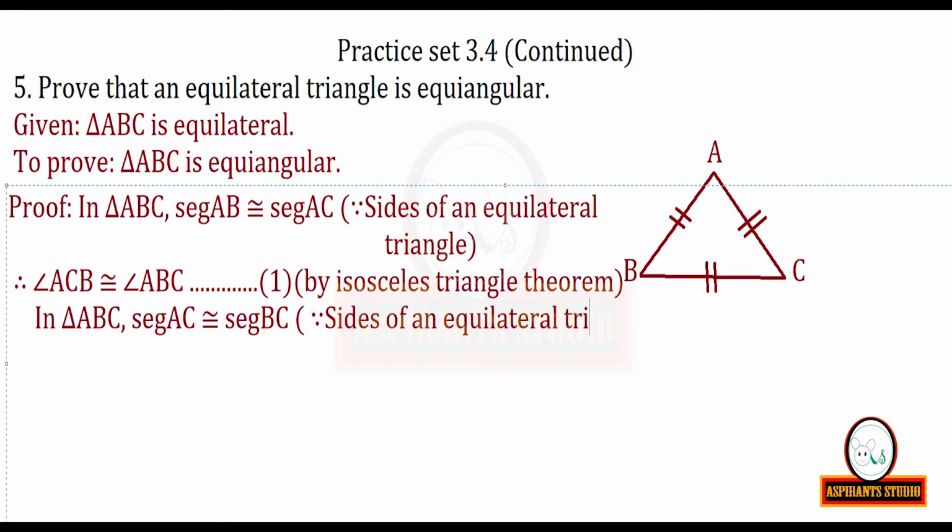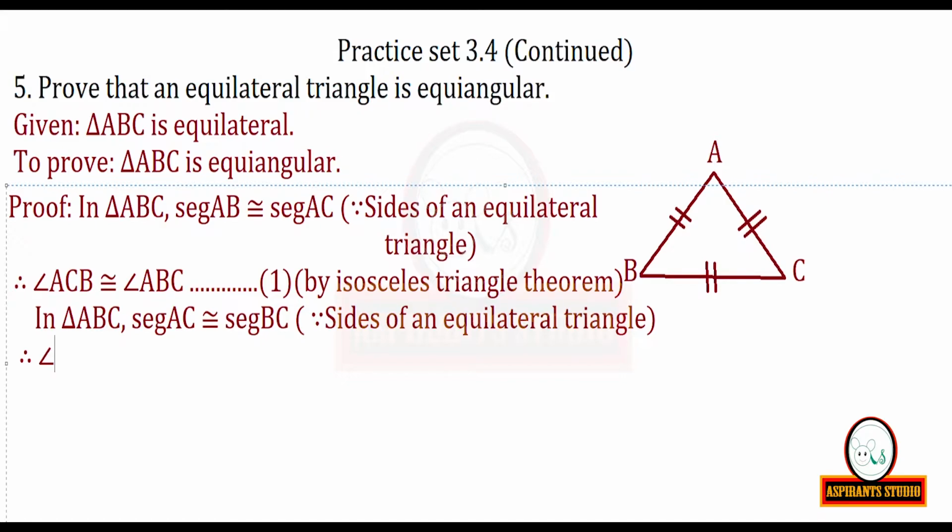Now apply the isosceles triangle theorem. If two sides of a triangle are congruent, then the angles opposite to them are congruent. The angle opposite to segment AC is angle ABC. The angle opposite to segment BC is angle BAC.